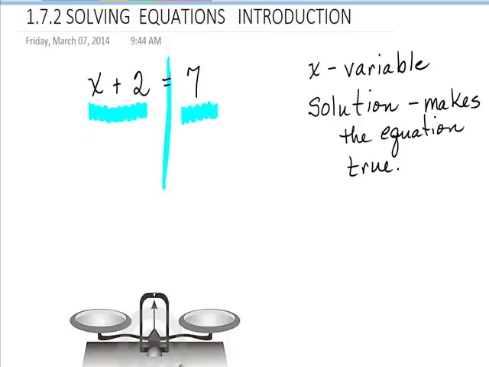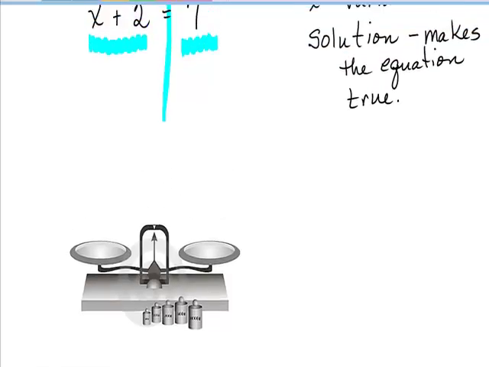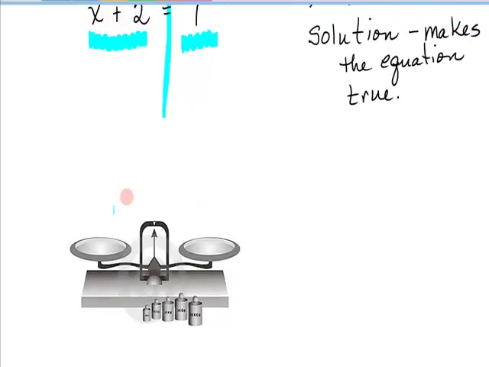I have included a drawing of something called a pan balance. In the olden days, we used these, and if you wanted to get 3 grams of salt, you would put little weights, 3 grams, over here, and then you would pour salt on here until this lined up and it was in balance.